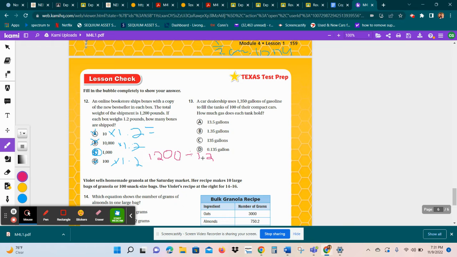To move this decimal over, I need to multiply that by 10. Oh my goodness, I'm going to pause this for a second so I can get my pens right. Hold on. Okay, let me erase this part here and see if I can write it a little bit clearer.